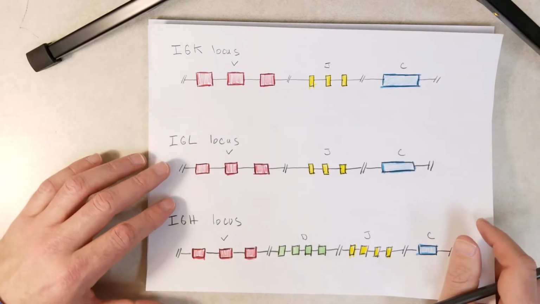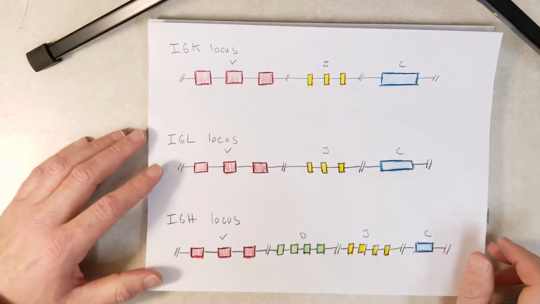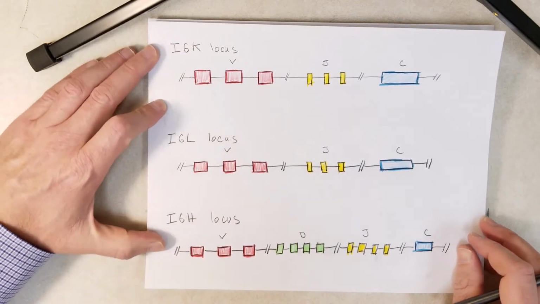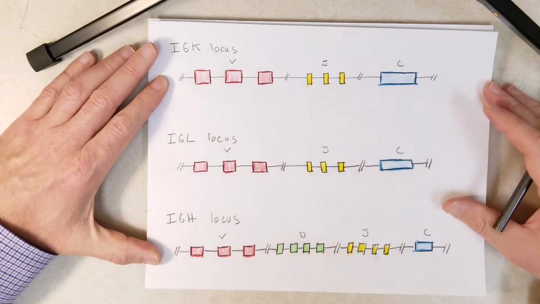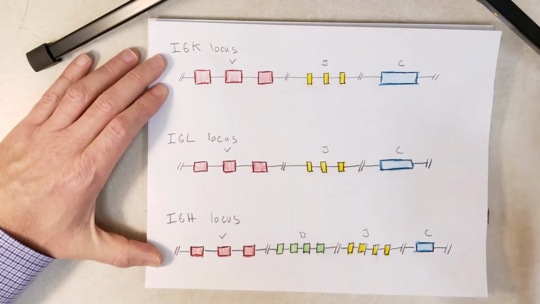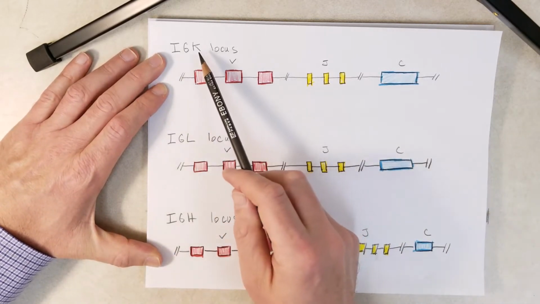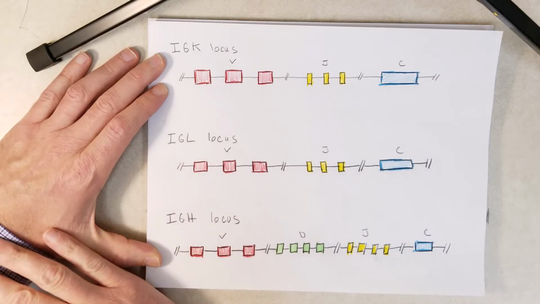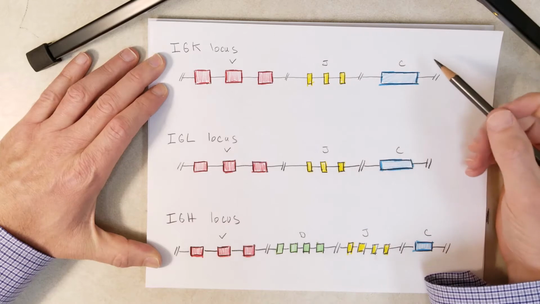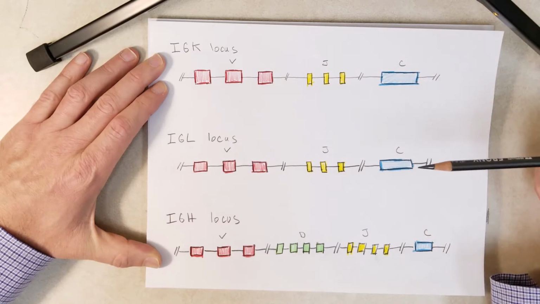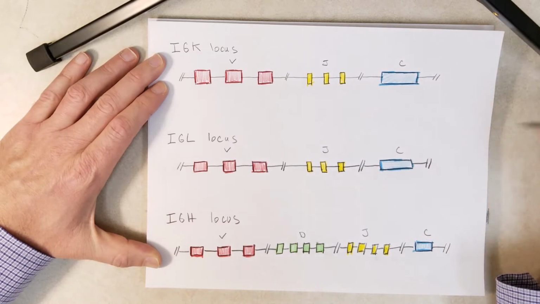Now, just a quick rehash of what we went over in VDJ recombination part 1, the previous video. In mammals like humans and mice, we have 3 different loci in our genomes that encode the light chains and the heavy chains of the immunoglobulins, so antibodies that our B cells produce.